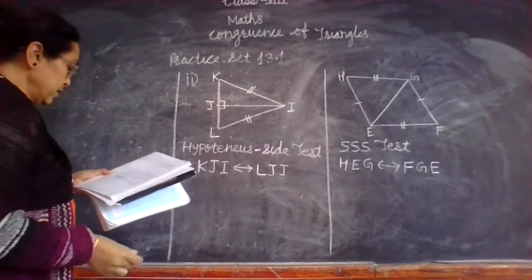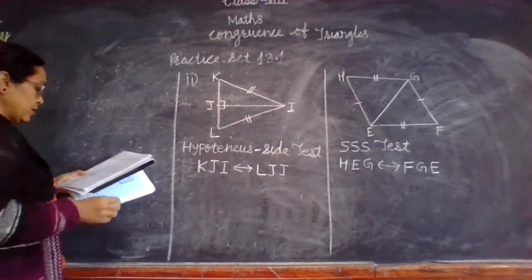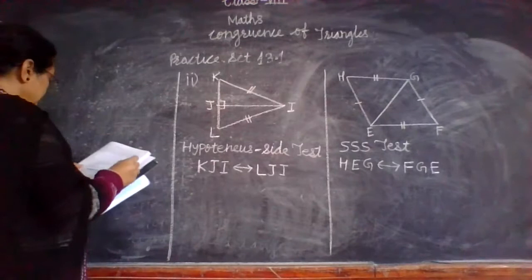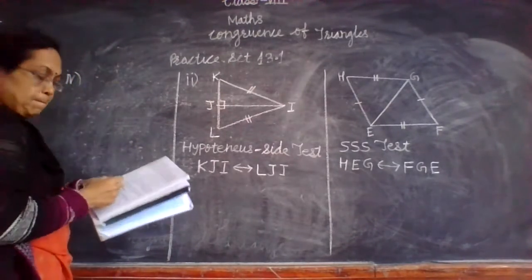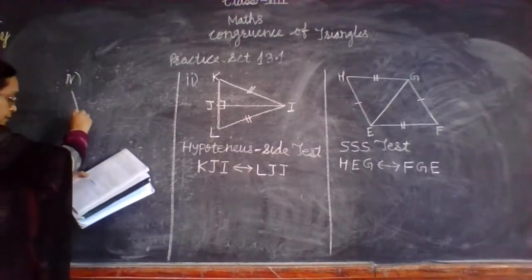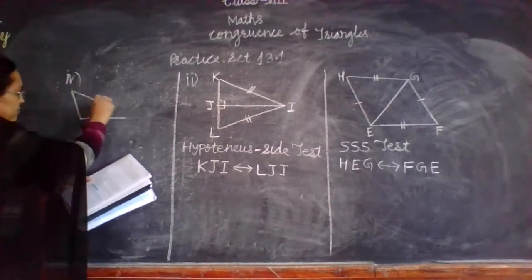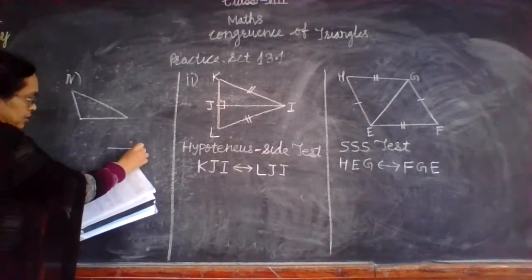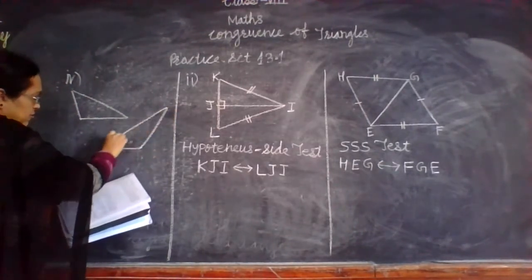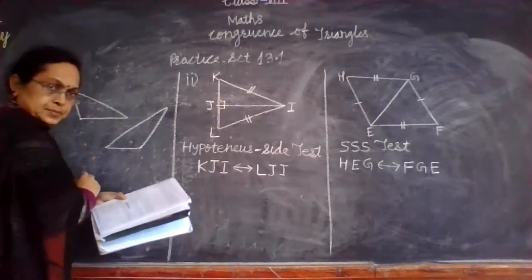Now again we can do one more example. That is fourth one. Here the triangles are like this. One and then another one is like this.